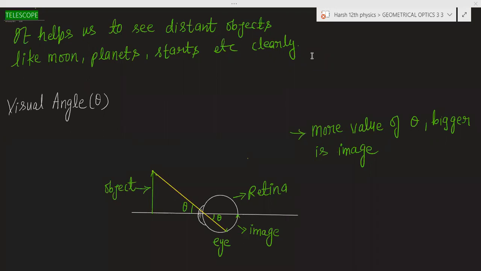Basically, there was one image on the internet of galaxies and planets, and that image was taken with the help of that telescope. So, the use of the telescope is to see distant objects clearly, like stars, moon, planets, and all that. In that image there are certain stars also.